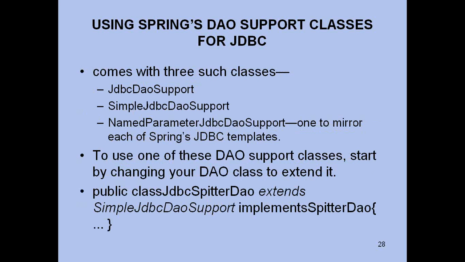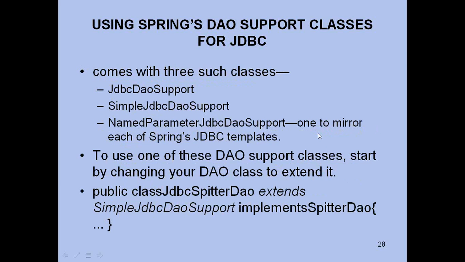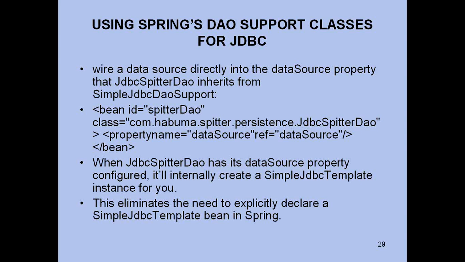You extended a simple JDBC DAO support class, and there is no property called data source inside your splitter DAO class. So this property will be set into the superclass, which is simple JDBC DAO support, and using that, this class gets access to the JDBC template.